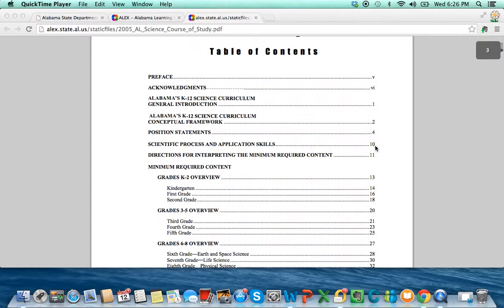I'm going to stop at page 10 when I get there, because this week, of course, you were to do a presentation on the science practices from the next generation science standards, and I just want to call your attention to the science processes that are valued in this course of study.